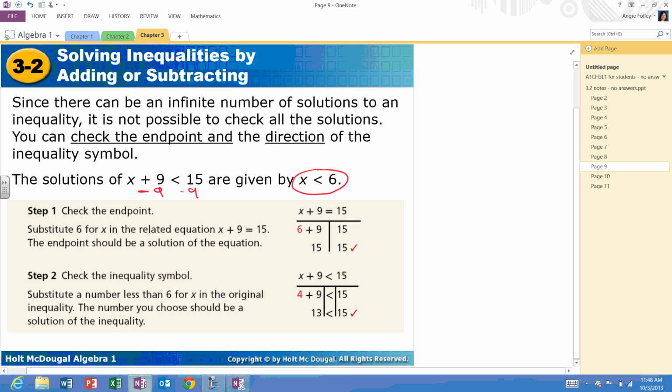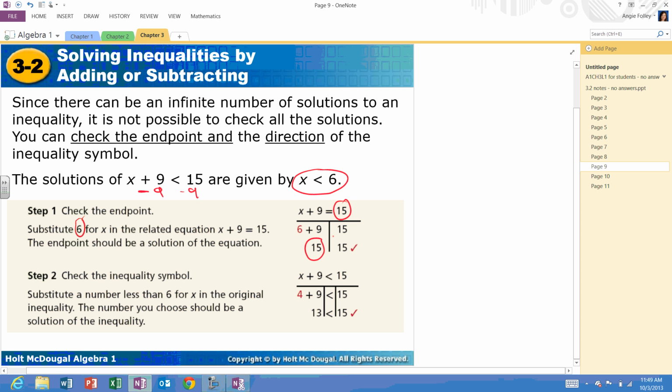And the only real way to check this is to plug in the endpoint. So they're saying to substitute 6 in for x, since that's the endpoint. And if we plug that in, we're going to get 6 plus 9 is 15. And if 15 is equal to the other side, then that is okay.